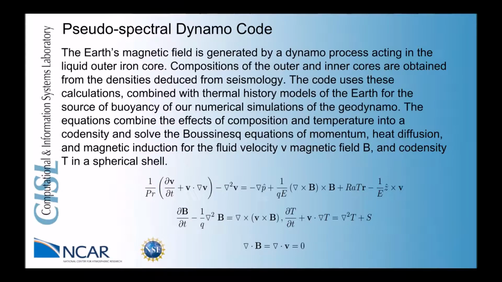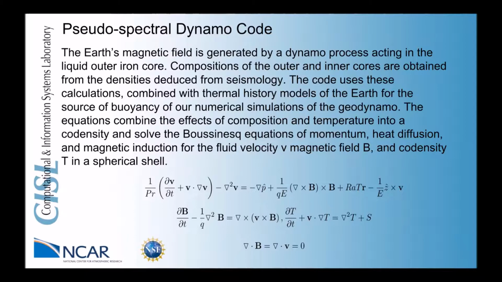So for the pseudo-spectral dynamo code, the Earth's magnetic field is generated by a dynamo process acting in the liquid outer iron core. Compositions of outer and inner cores are obtained from the densities deduced from seismology. The code uses these calculations combined with thermal history models of the Earth for the source of buoyancy in our numerical simulation of the geodynamo.